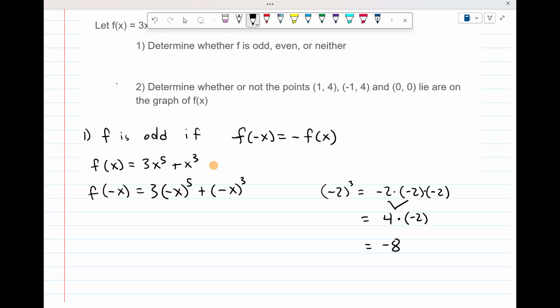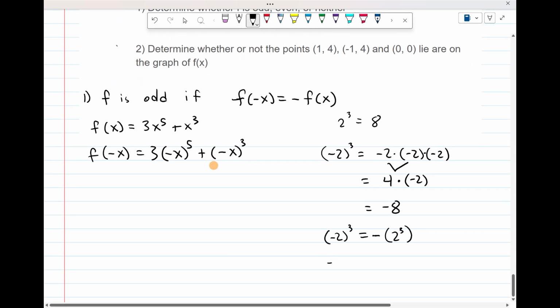Now, positive 2 to the third is positive 8. And so what we can conclude is that negative 2 to the third power is equal to negative 2 to the third. Okay?